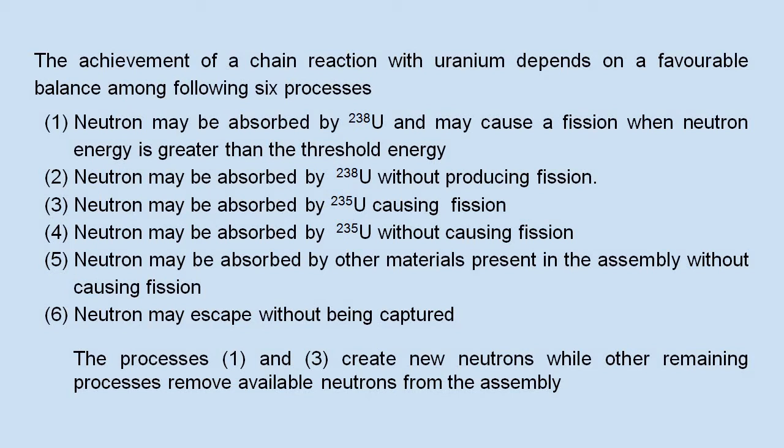Actually, a particular fission starts with a single neutron. When additional neutrons are produced inside the core, then only can you continue the reaction. We will not supply neutrons continuously from outside. The neutrons required to continue the reaction are produced within the core itself.